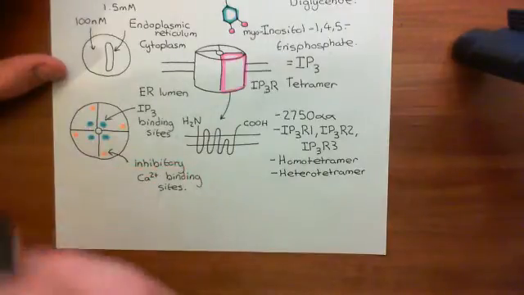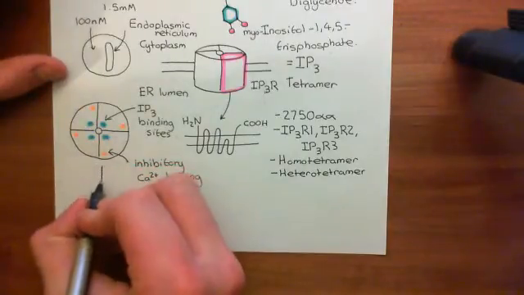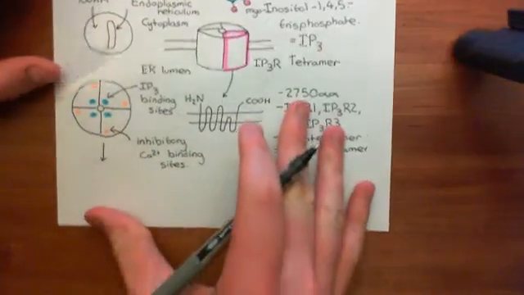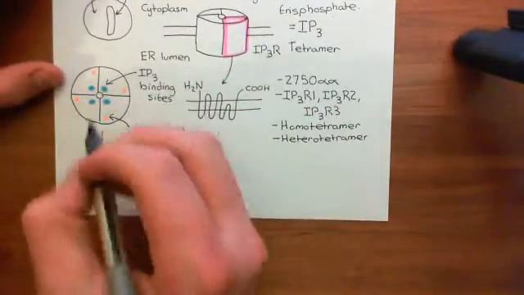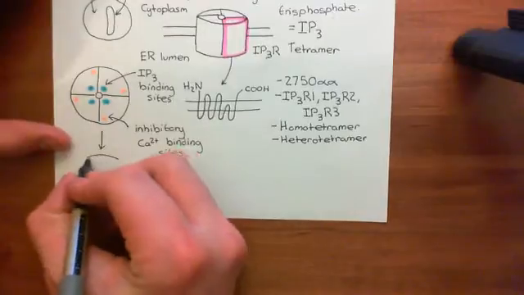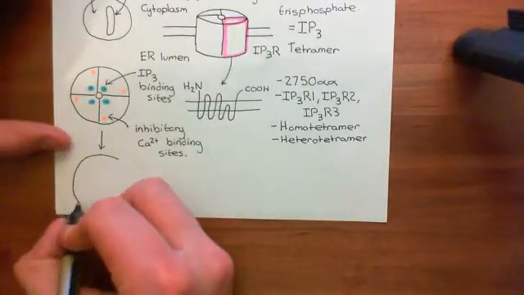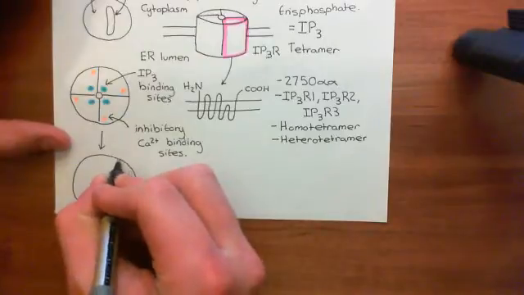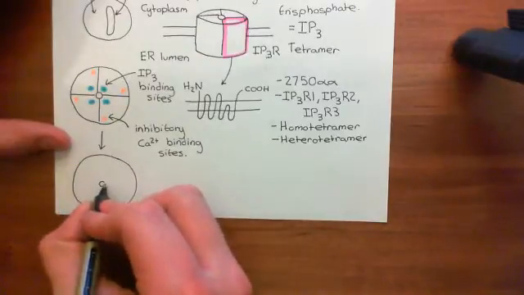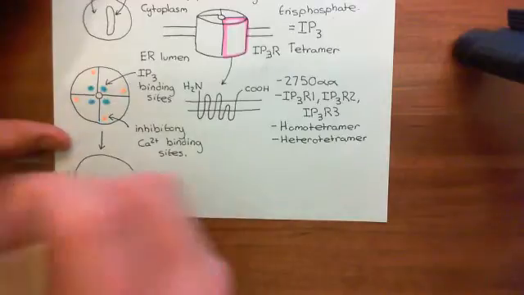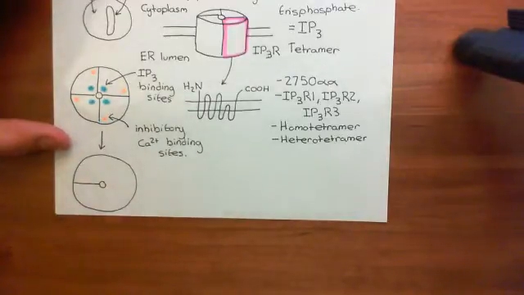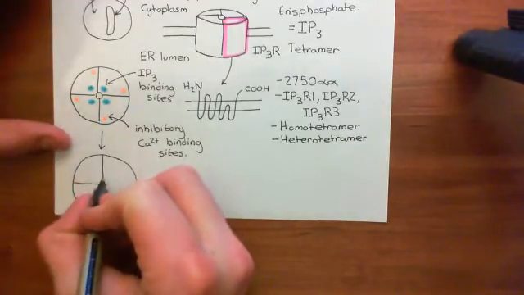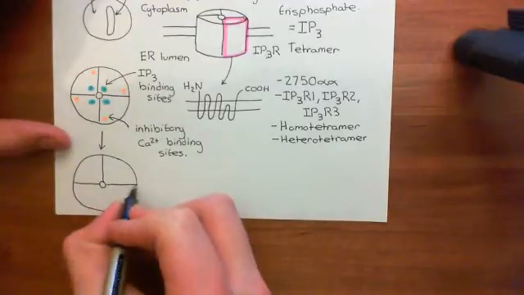And what it triggers is not the channel opening. Instead, all of the subunits are going to change conformation, and they're going to take away the inhibitory calcium binding site. The inhibitory calcium binding site is going to be buried underneath other portions of the protein so that it's no longer exposed to the cytoplasm.